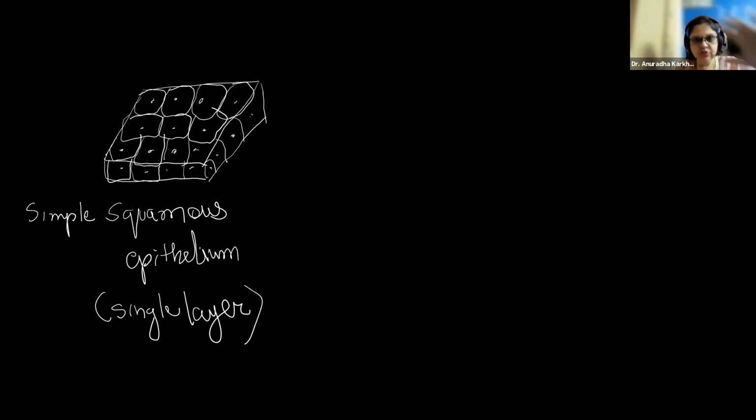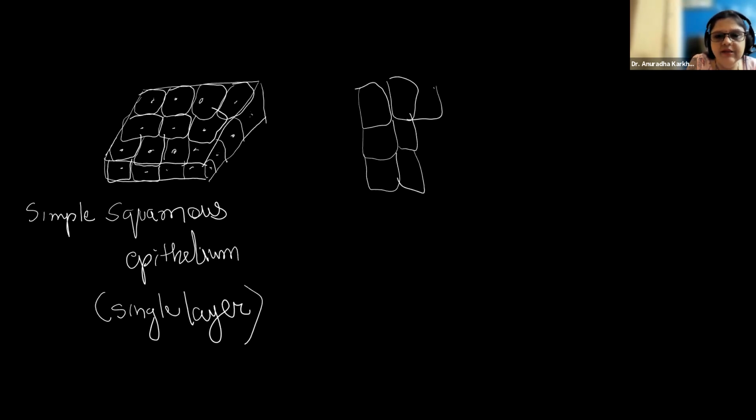Fine. Understood. So how will it look now? These cells which are single layered will now become multi-layered. They'll become tall. एक के ऊपर एक cells जा रही है.